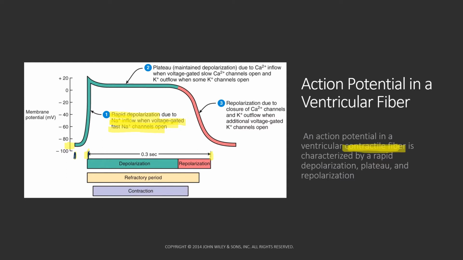Now after those sodium channels are inactivated, we hit this next phase of an action potential. So this is called the plateau, and this is a period of maintained depolarization.